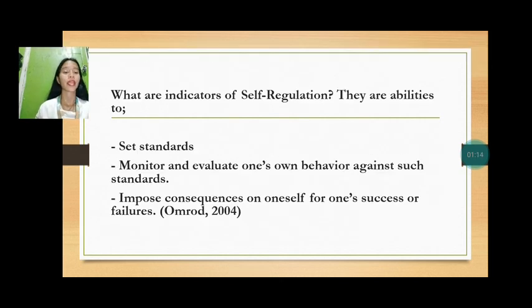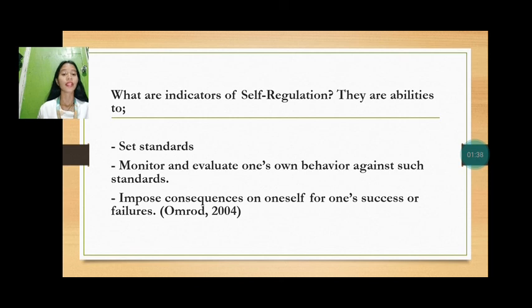What are the indicators of self-regulation? They are abilities to, first, set standards. Since we are talking about self-regulation, of course, we need to set standards. We should create limitations for ourselves, especially in making decisions.